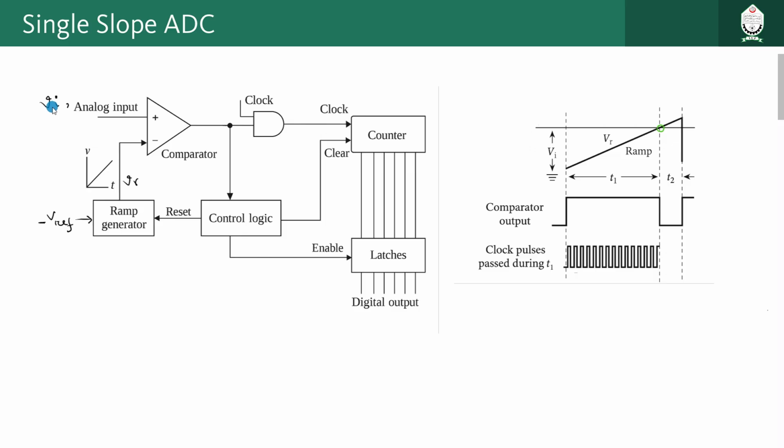After that, it will clear the counter, because our process is complete and the counter can be reset to its initial position. A reset signal will also go to the RAM generator, because it was incrementing its value, so the stored voltage has to be reset to 0 voltage again. That will be done and our process is complete.